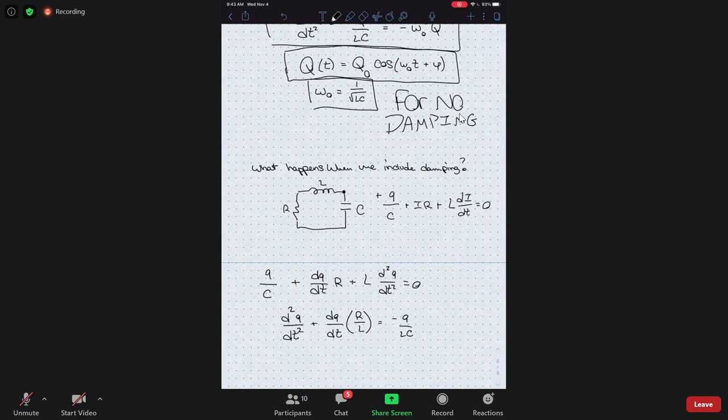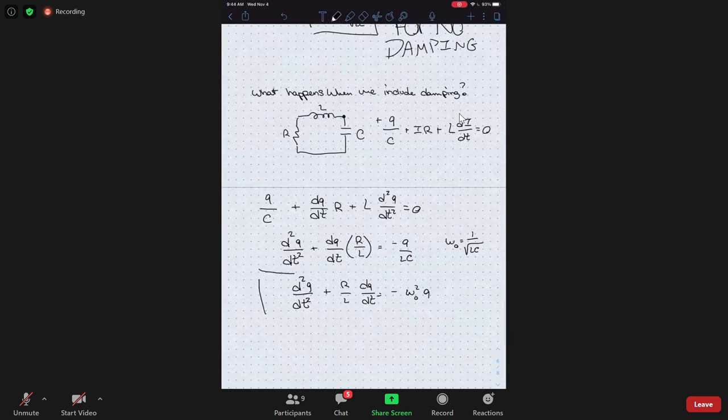So once again, I have d squared Q over dt squared plus R over L dQ over dt equal to minus omega naught squared Q. And once again, we called omega naught 1 over the square root of LC. So now we have a differential equation here. How do we solve this?